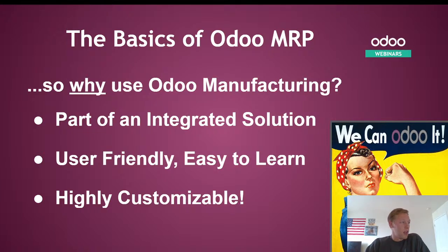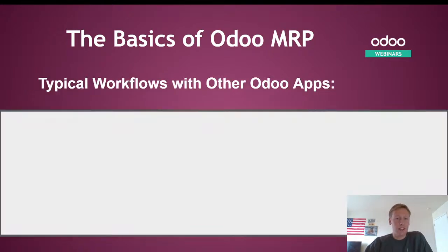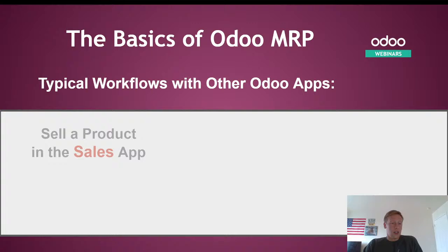And let's move on here to the next one. Also, talking about the basics of Odoo MRP, we can talk about typical workflows with Odoo apps, and specifically manufacturing and how that is integrated with other apps, right? So let's see here. We'll start with the sale, right?